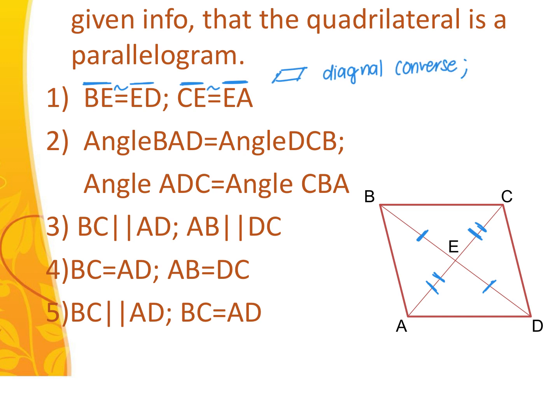Now I'm going to write the definition so you have it. Okay? Bisect. That is something that has to be in the definition.